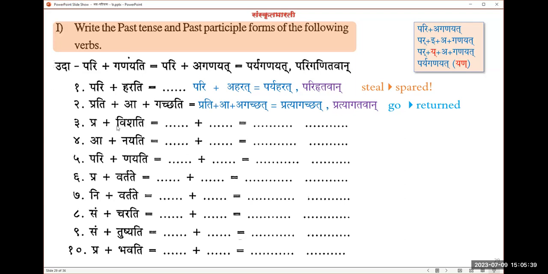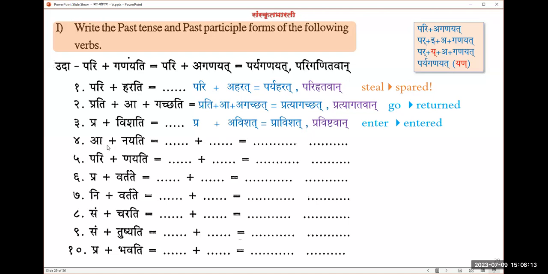But no. A plus va: there is no need to take the akara to the next compound. So pra remains, and pravishati. There is nothing to do, just join and read them together. So pra plus avishat, pravishat, savarna dirgha. Very good. And in the past participle, it is pravishtavan, very good memory. Pravishat and pravishtavan: entered.